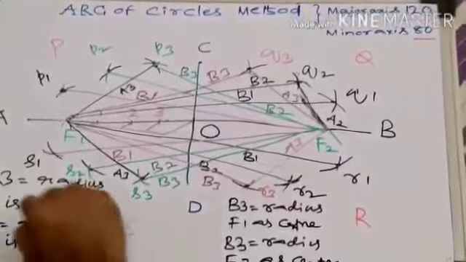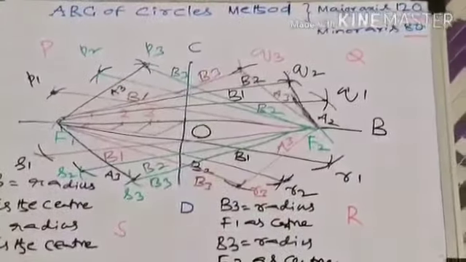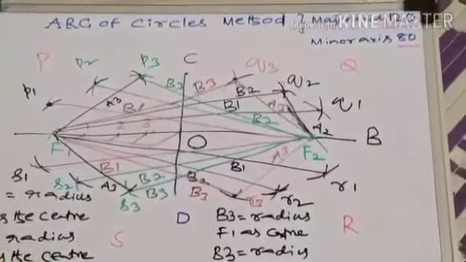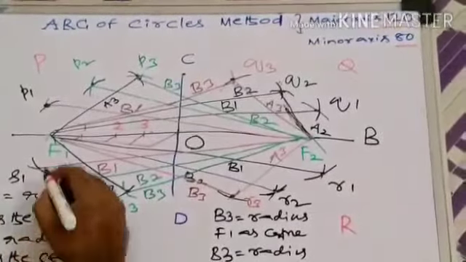Now all these points are going to be joined by using HB pencil as a smooth curve.